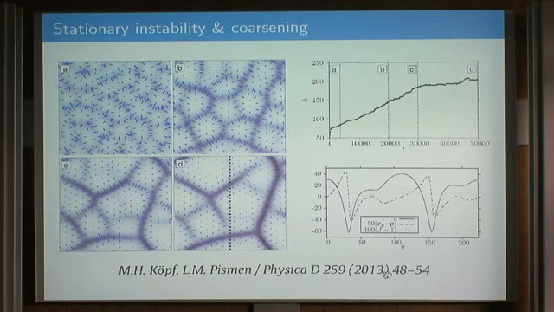And stationary instability is on a zero wavelength, so it does not lead to a pattern, but it leads to a ripening or coarsening process, so that the characteristic length changes with time.